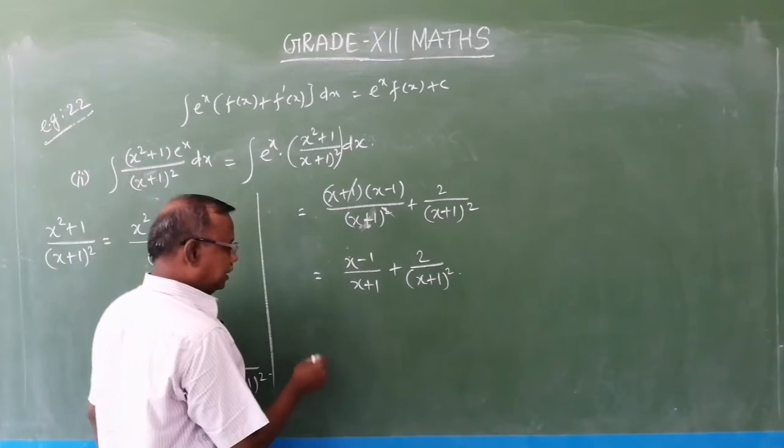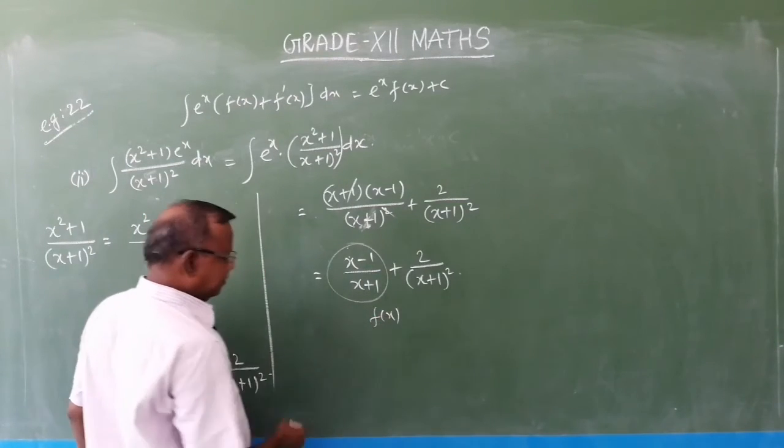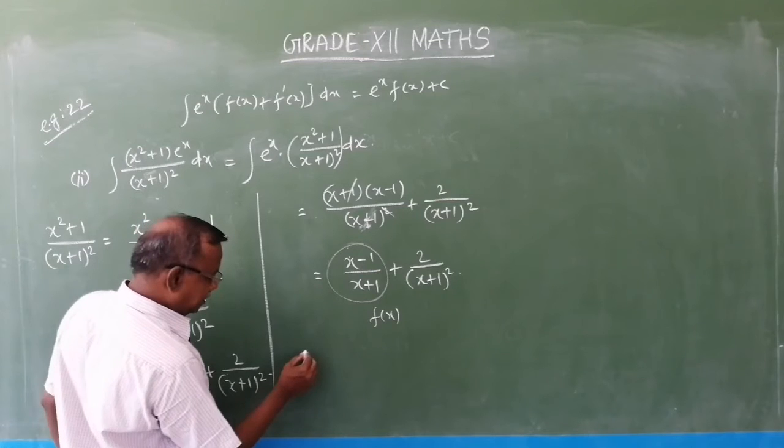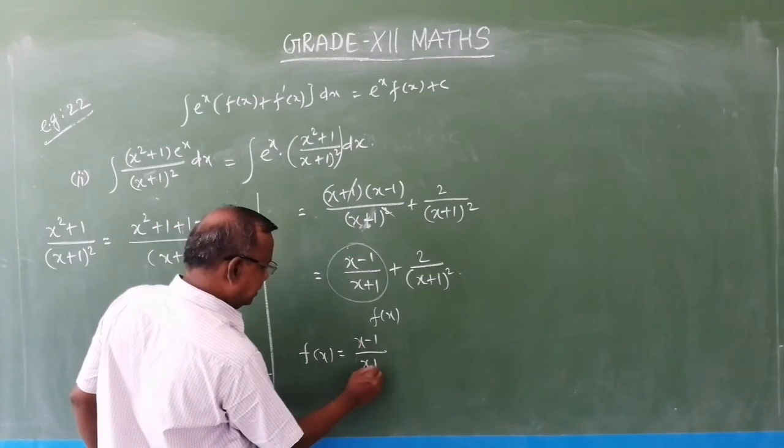Now, if we take this as f of x, see what will be the f dash of x. Let f of x equal x minus 1 divided by x plus 1.